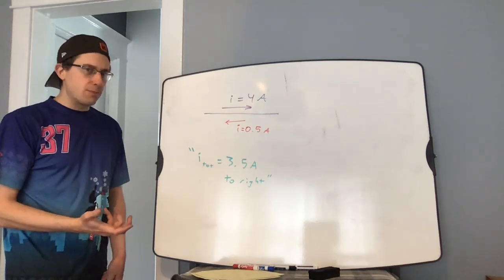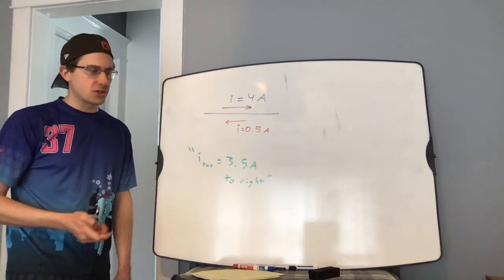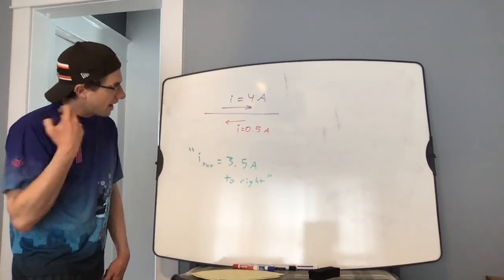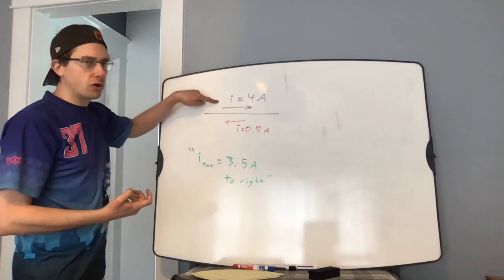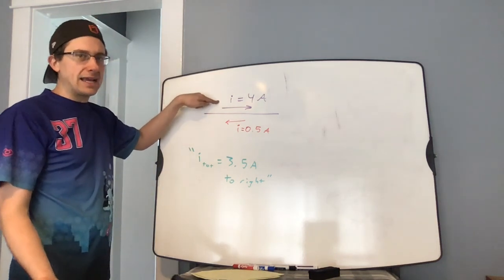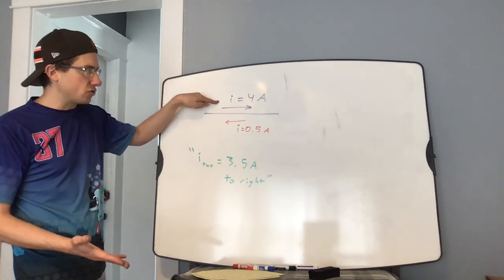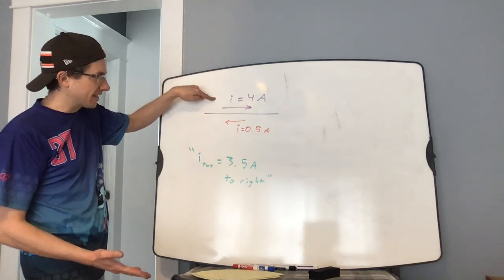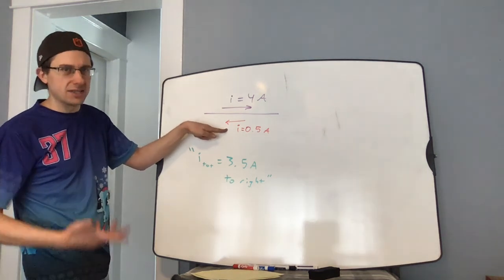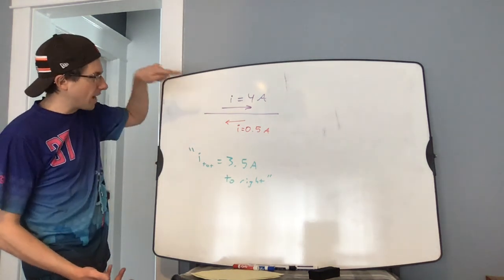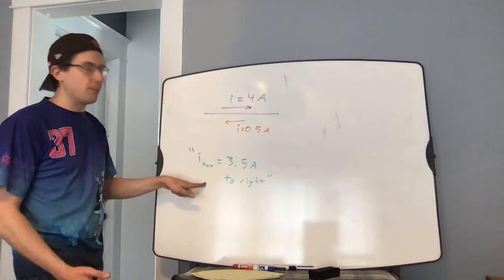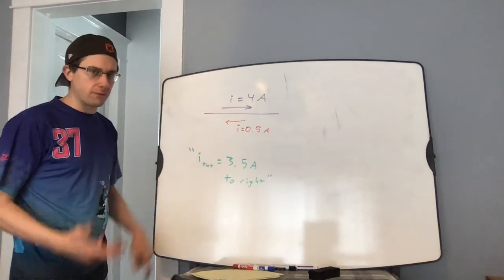But for the purpose of how to think about induced current, this mental image could be instructive, where I think of my original current as the 4 amps, and then I add in the effect of the induced current. So in this case, the induced current is flowing to the left in the opposite direction. So combining the effect of the original current with the induced current, my total current is 3.5 amps to the right.